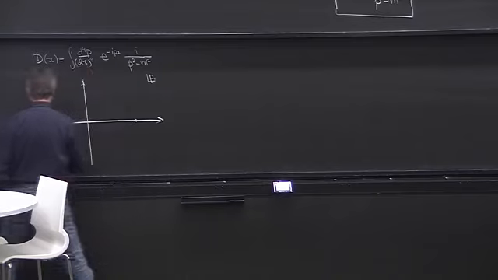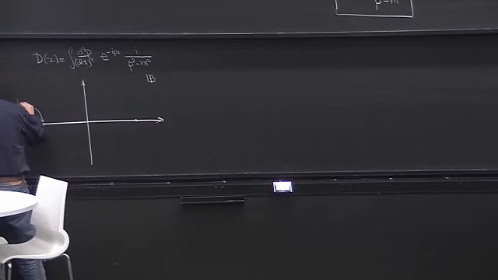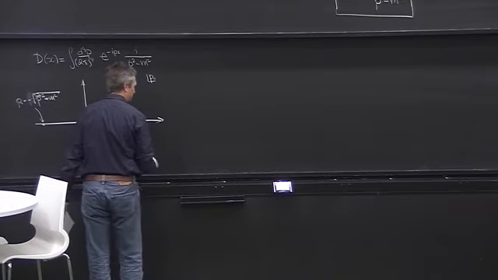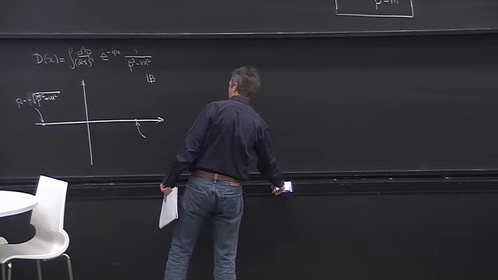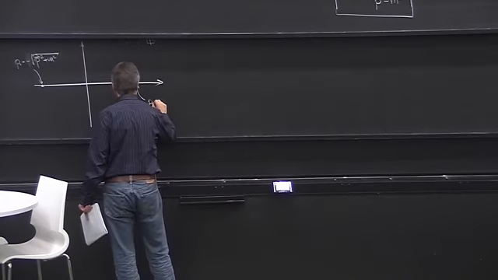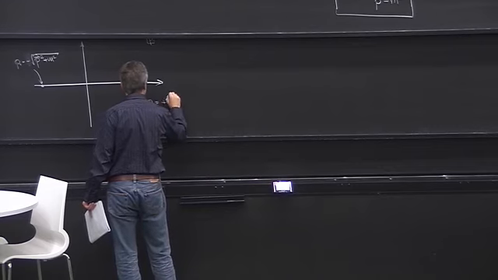So these poles correspond to P0 equal to minus the square root of P spatial squared plus M squared, and P0 equal to plus the square root.